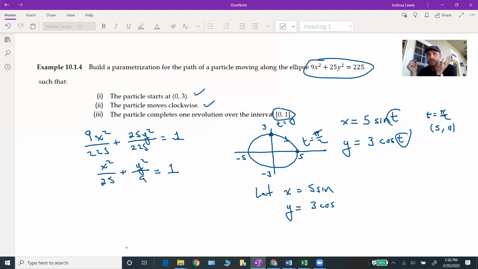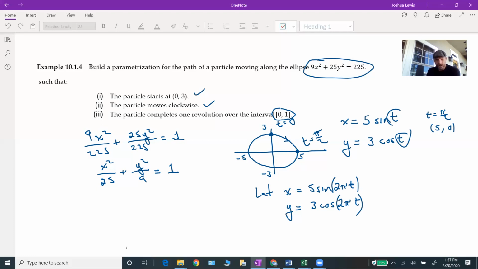One lap around a circle or an ellipse is 2 pi radians, right? 0 to 2 pi, which means I could take that 2 pi and do this. Sine of 2 pi t, cosine of 2 pi t. Does that work?